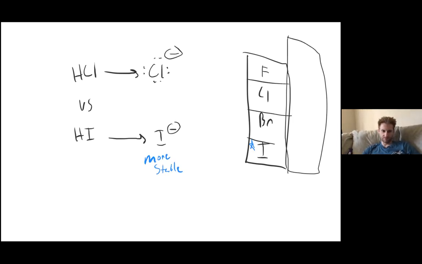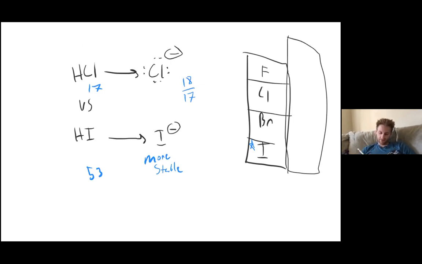If I think about it, iodine's atomic number is 53, versus chlorine's 17. That means when we make this chloride here, we added an extra electron, which means you have 18 electrons out of your 17 protons.